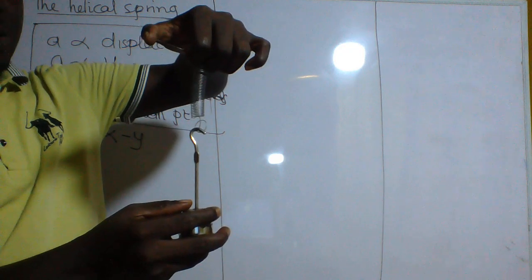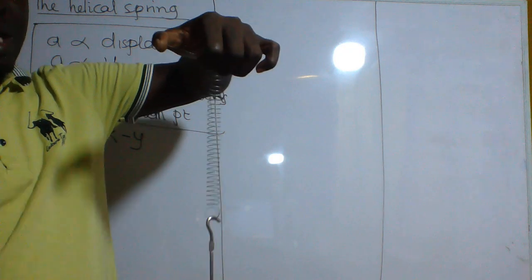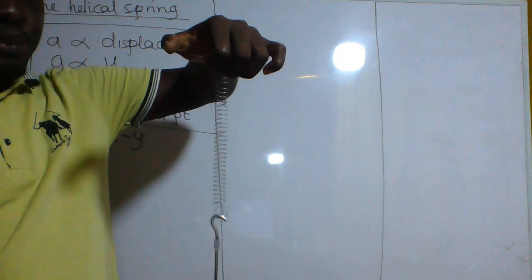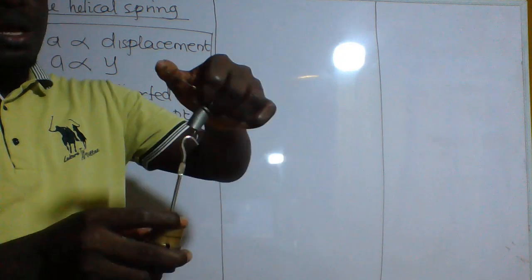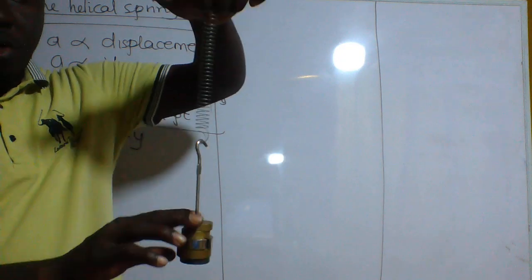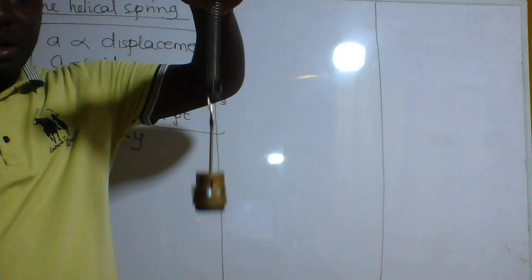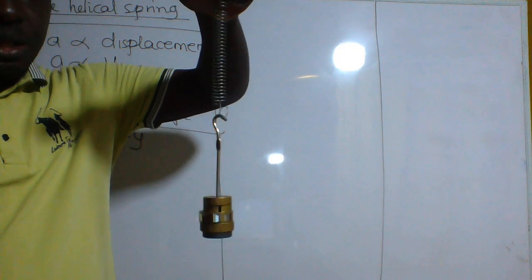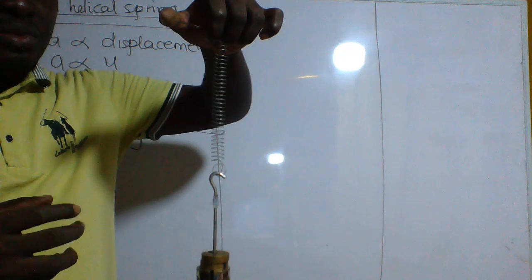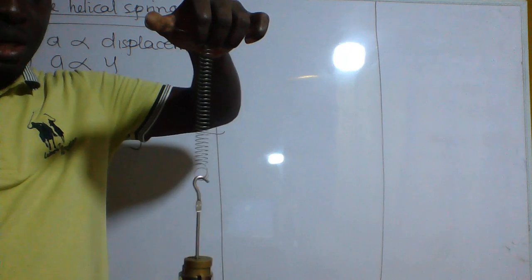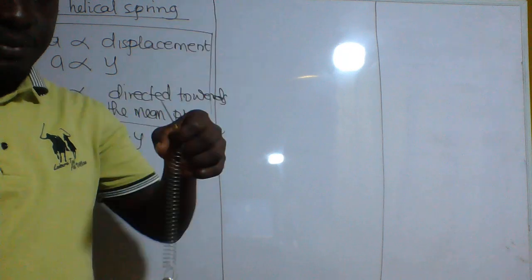When you leave it, it will accelerate first in the downward direction, up and down around a fixed point O. So this is what we call the loaded or the helical spring, which denotes oscillatory motion and also simple harmonic motion. So we are going to look at the qualities of this which make it simple harmonic by nature.